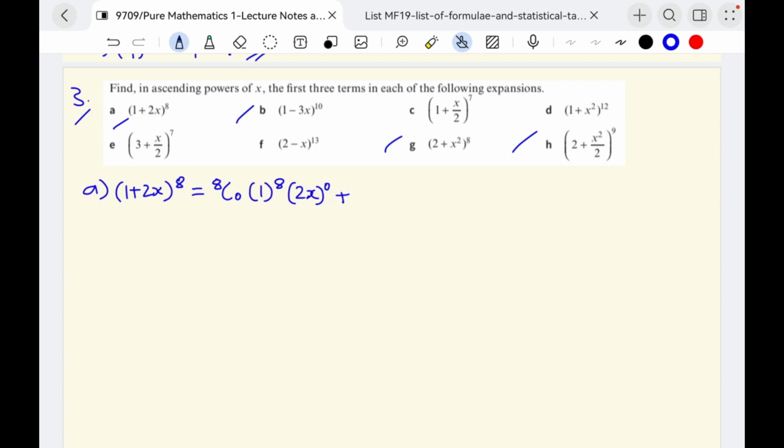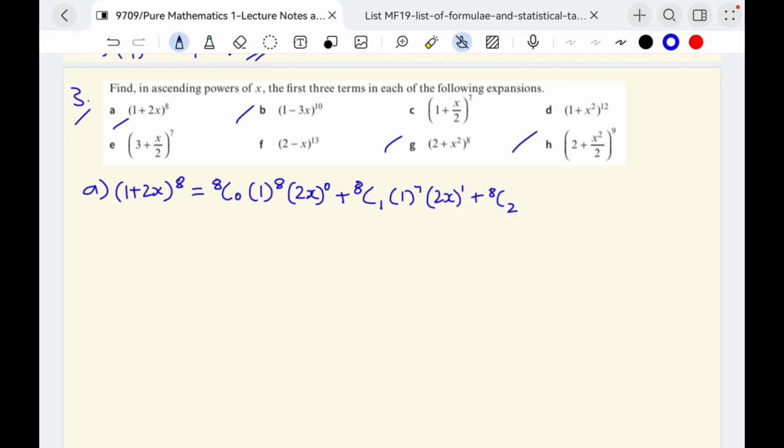Use the same way for the next term, r equals 1: 1 to the power of 7, because the degree of a is decreasing, and for 2x it increases to 1.